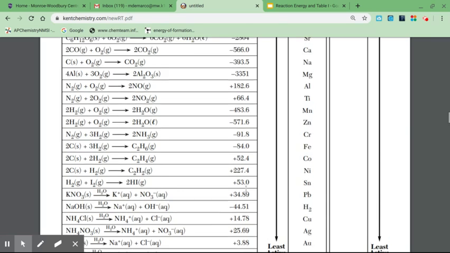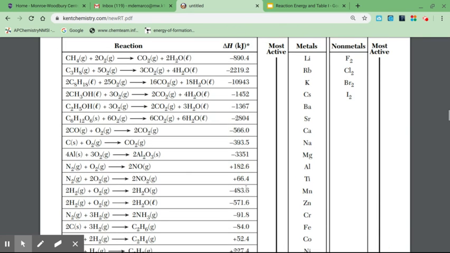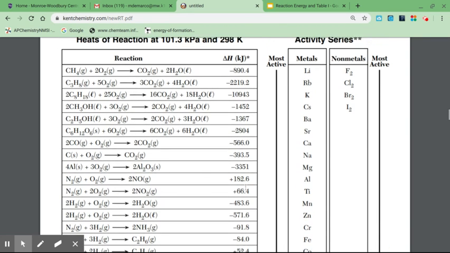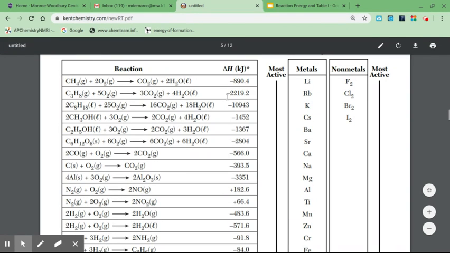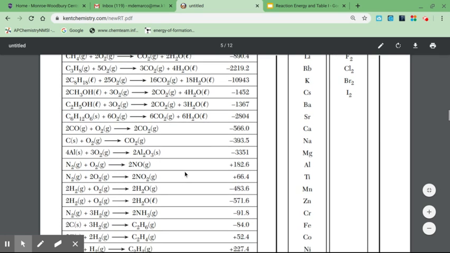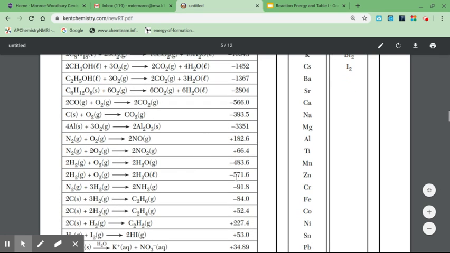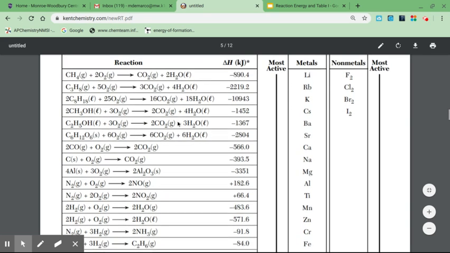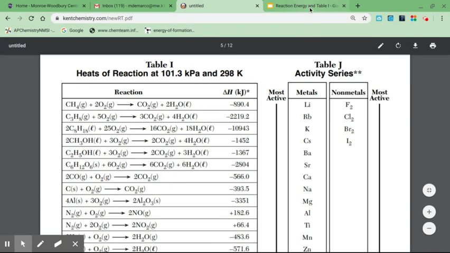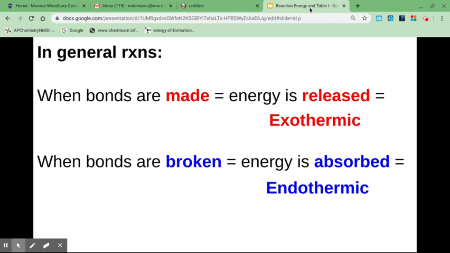Some are plus, some are minus, and some go based on what we would predict. Combustion reactions release energy. Notice negative numbers. Most of our bond formation synthesis reactions are mostly negative, but there are a few that are not. All right, so we're going to be using Table I to uncover the truth about reactions and the energy needed to be released or absorbed.